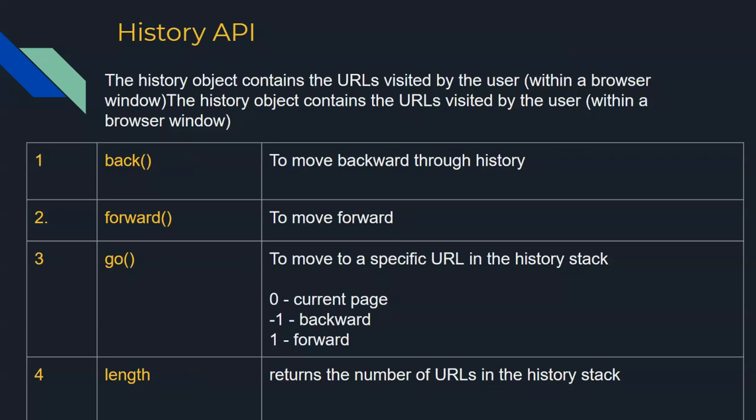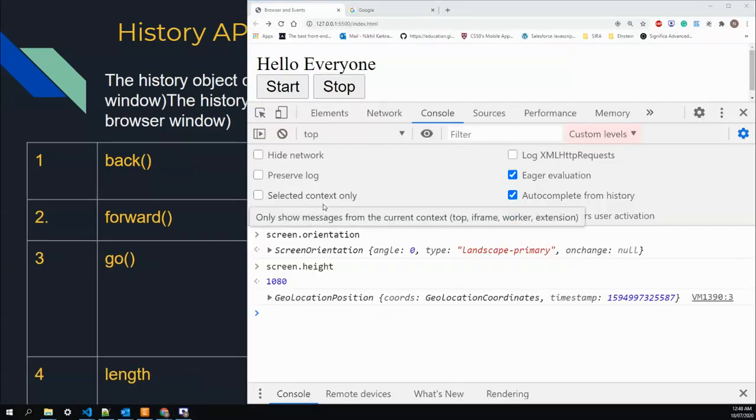That's how the browser knows which page to navigate to when you click the back button, or the forward button. Some commonly used methods are back, forward, go, and length. So let's see this in a live demo.